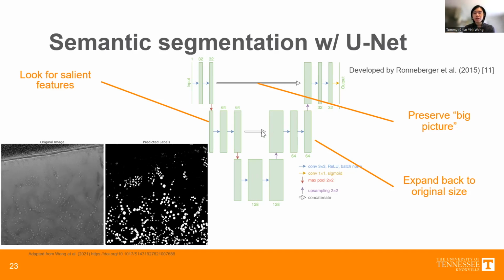And so what these skip connections do is concatenate the data with the data that's being upsampled, expanded back up. These skip connections preserve the big picture information, so that the network often considers the background as well, or more global gradient distributions or variances.